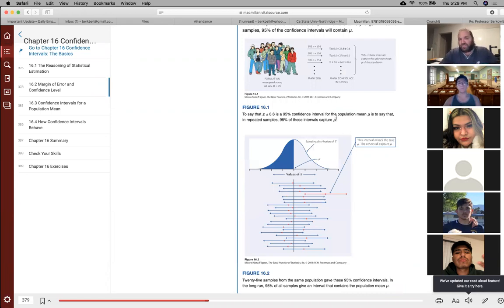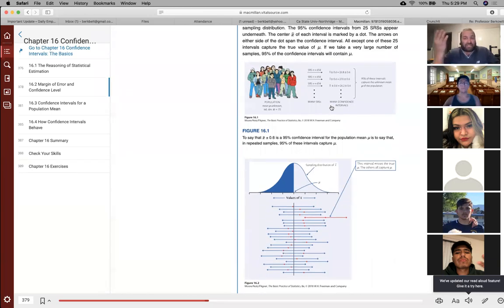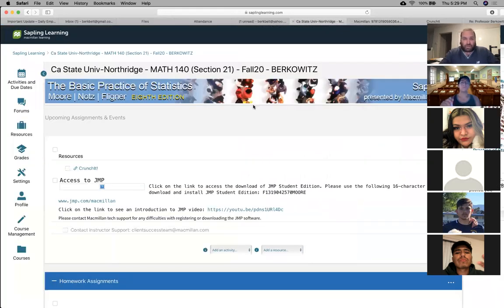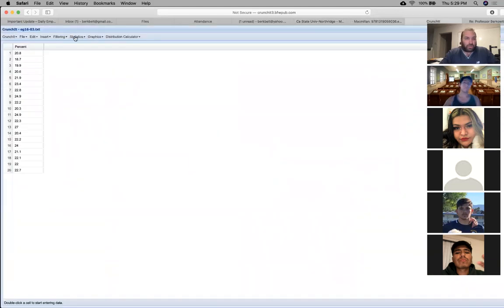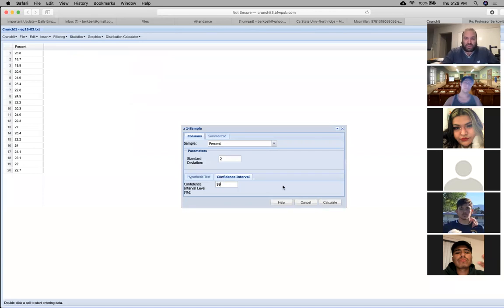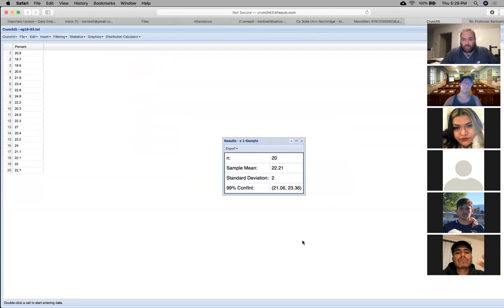So if my value is not in there, if someone said, I think it's 20%, you say, my data at 95% does not support that. Would my data support it for 99%? Well, let's go back to Crunch It. And let's check the same data. Only difference is we'll make it 99%. What happened to my confidence interval when I upped my confidence from 95% to 99%?